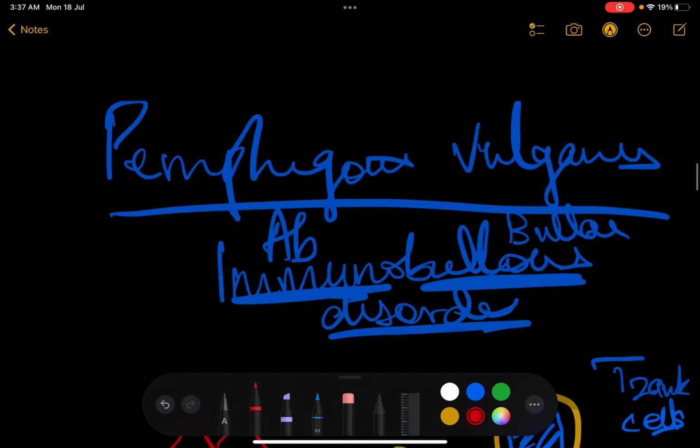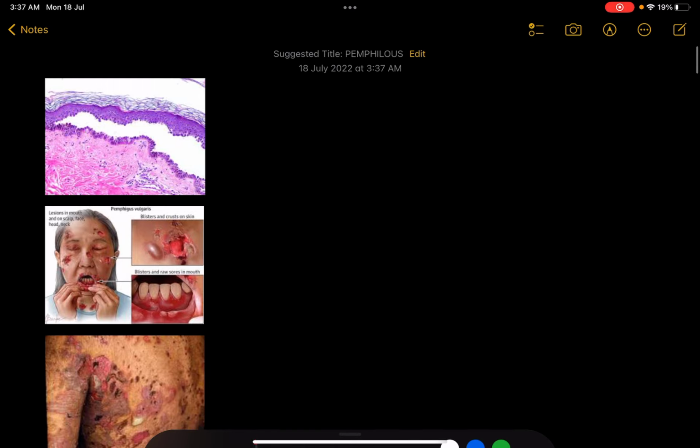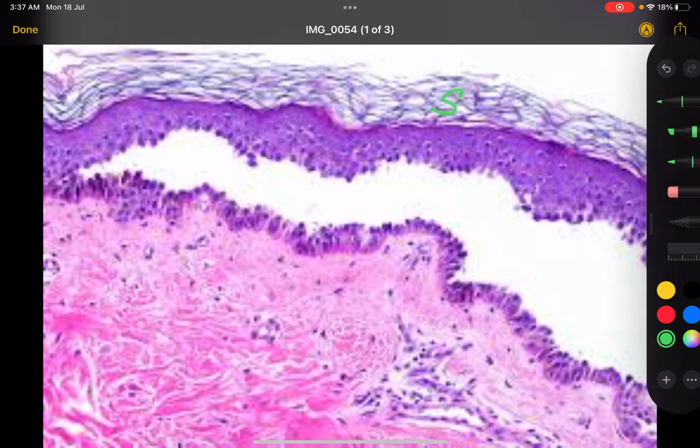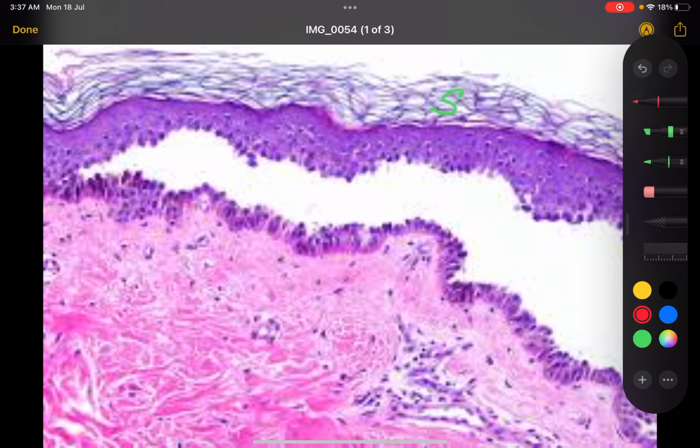For that, we'll have to go into the very important pictures here. So this is your stratum corneum, this is your very thin stratum granulosum, and this is your stratum spinosum.